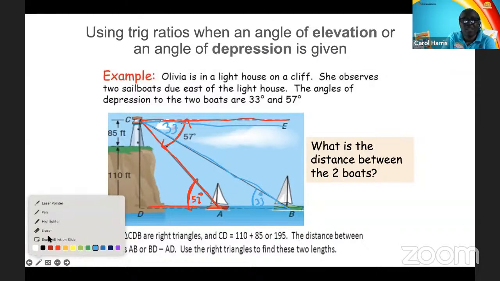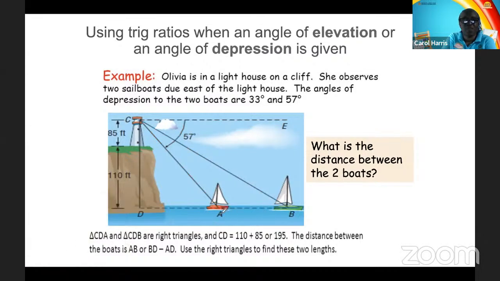I'm trying to find the distance AB between the two boats. To get that distance, I first find the longer one, which is DB. Then I find the shorter distance, which is DA, and I do a subtraction.